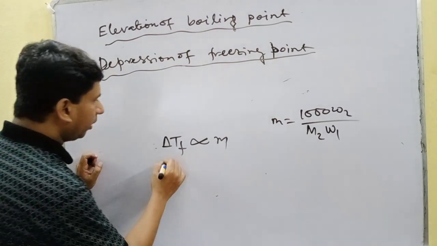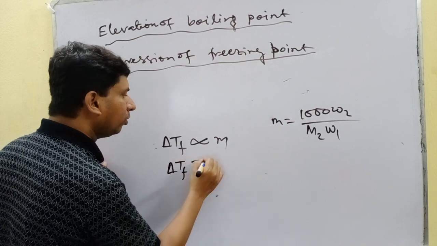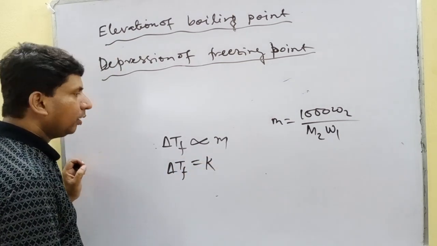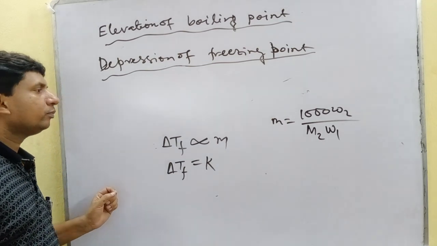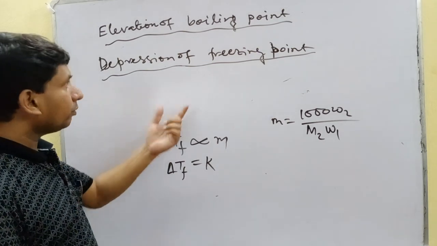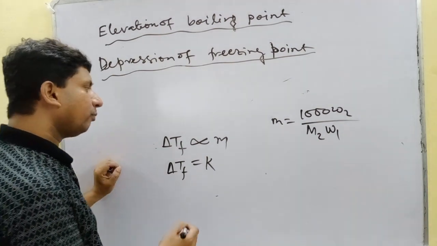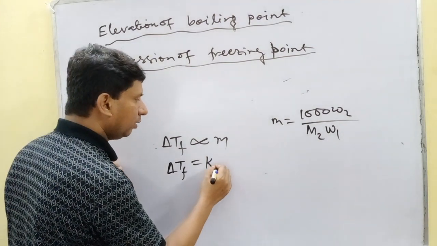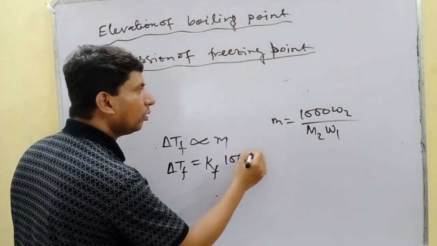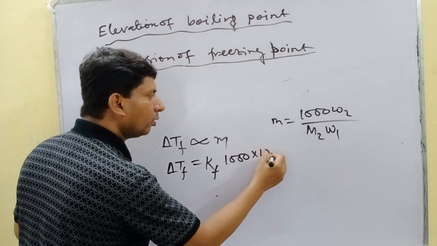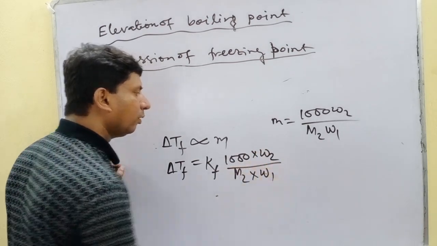Then delta TF equals a constant, known as the freezing point constant, or depression of freezing point constant, Kf, into 1000 into W2 divided by M2 into W1.